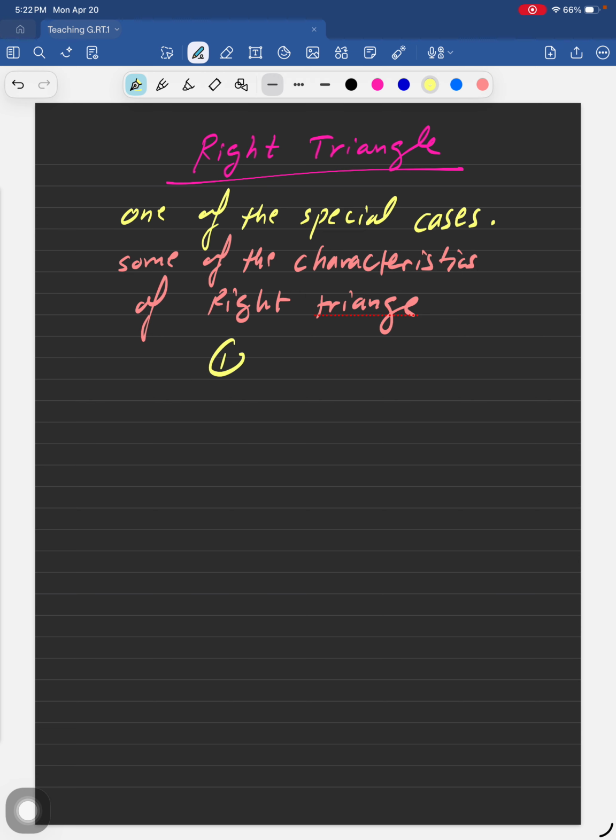First, the right triangle, as any triangle, has three sides, and number two, three angles. To make this easier to understand, let's draw the following triangle.